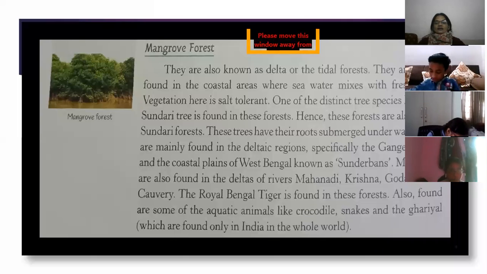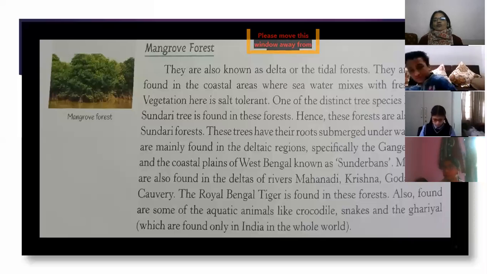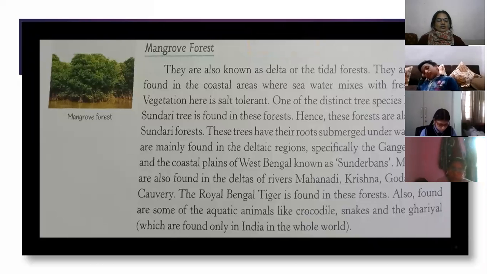Where seawater mixes with fresh water, they can be grown, because in saline water we cannot grow anything. So fresh water also mixes with the saline water and then these forests grow. Clear, students? And the vegetation is salt tolerant. They can bear the salt.